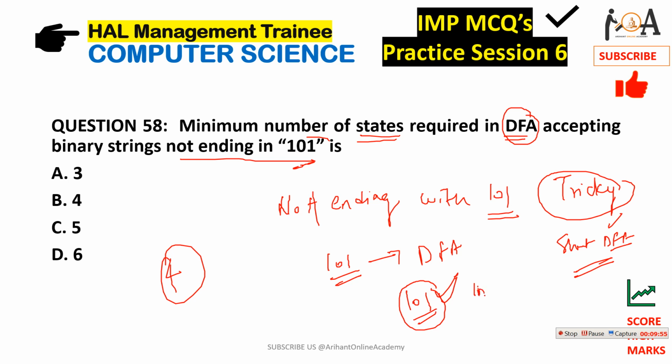I will make all initial states final and all final states initial, so it will be the complement of the DFA. Ultimately I want to say: make a DFA in which all strings end with 101, and then subtract that from the union. So if my string consists of 1, 2 and 3 digits, the n plus 1 formula is discussed there. So option B is the correct answer.